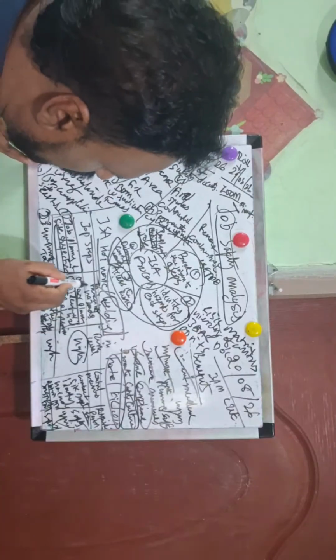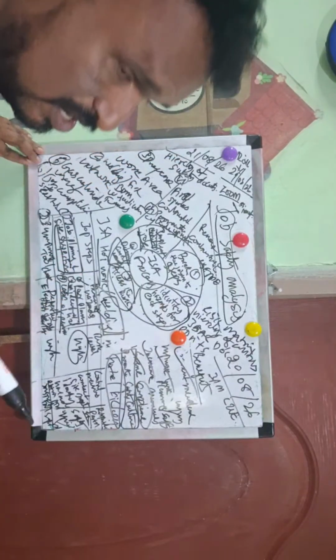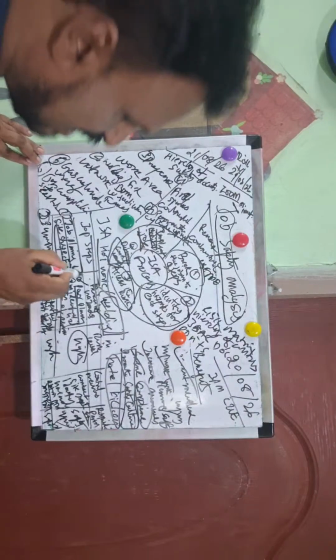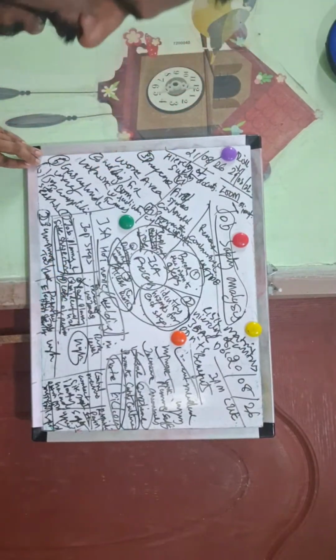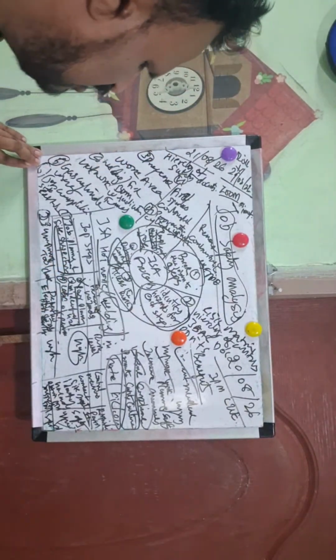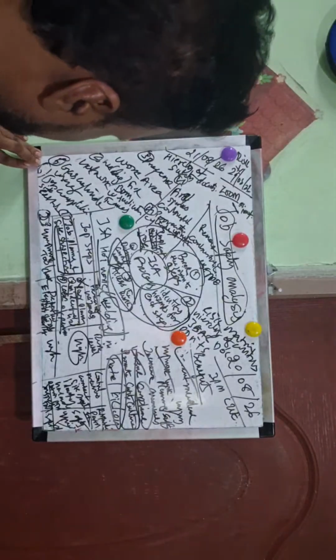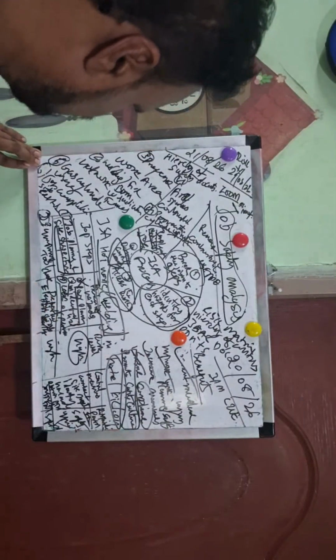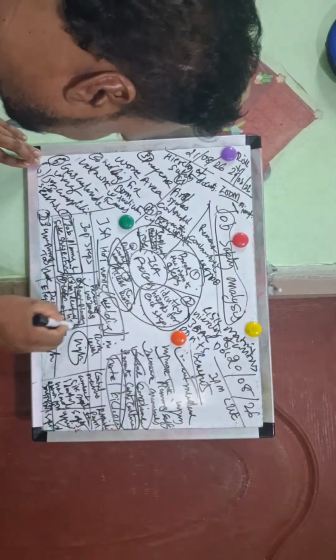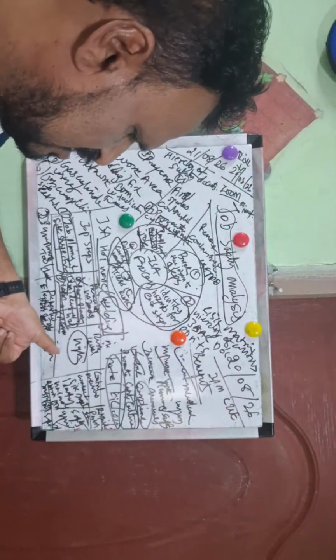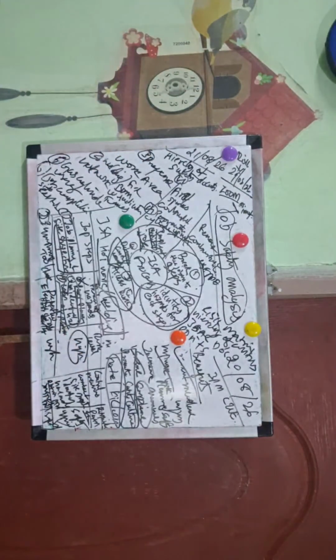If they are not planning properly, it's a hazard. Then there is poor planning and lack of manpower, and in that case you have a high risk level. For that high risk level, what will be the control measures?